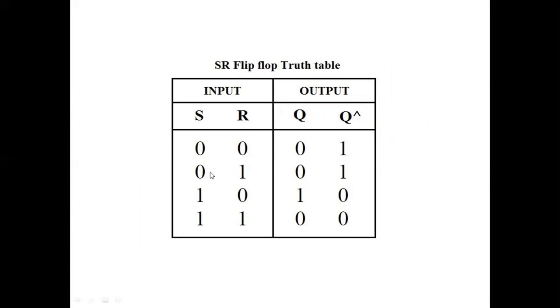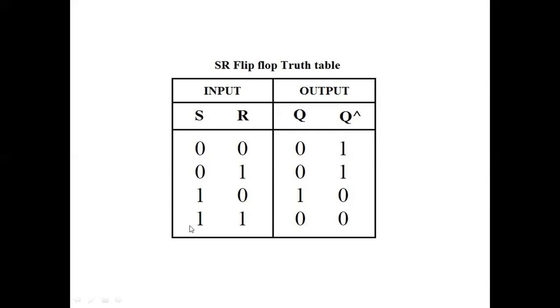If, for example, you apply 0 to the S pin and 1 to the R pin, then we get the output as 0, and the complement Q bar is 1. If the inputs are 1 and 0, then the output of the flip-flop is 1 and the complement is 0.